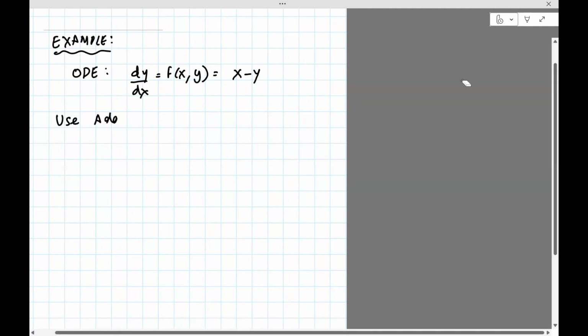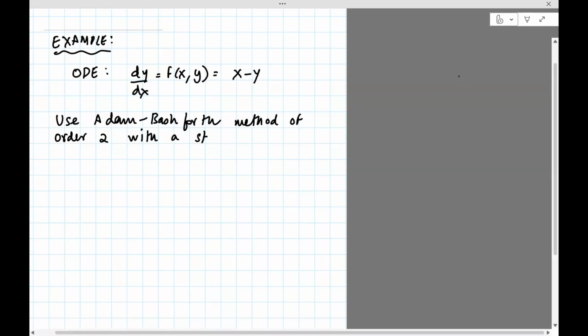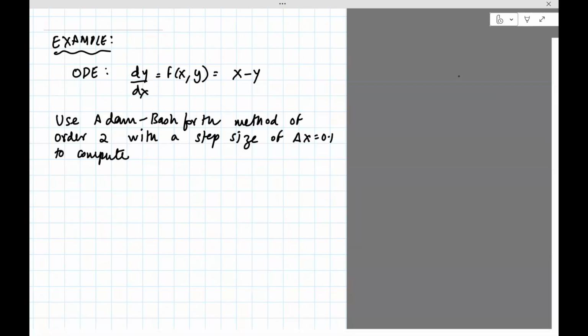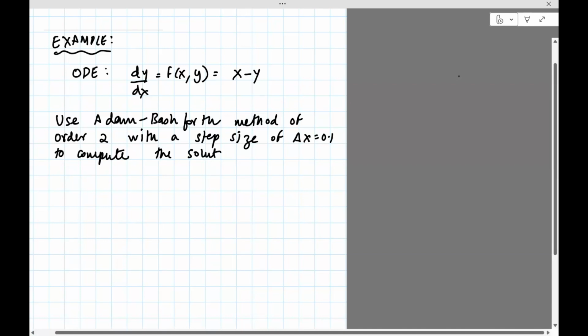Use Adam Bashforth method of order 2 with a step size of delta x equals 0.1 to compute the solution for, so we'll go all the way from x0 to 0.5, and the piece which is missing here is I need to give you the initial conditions.